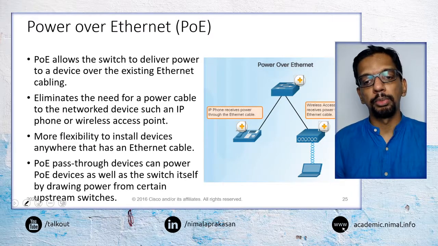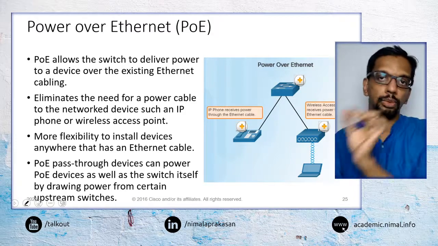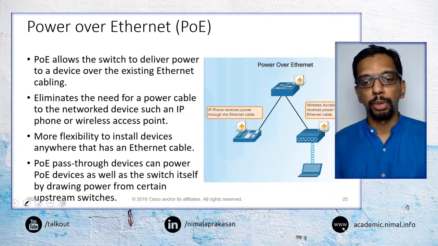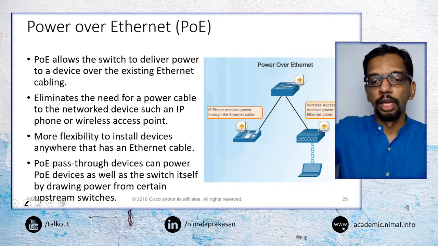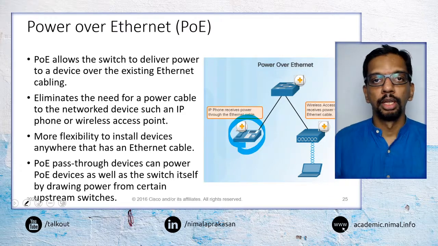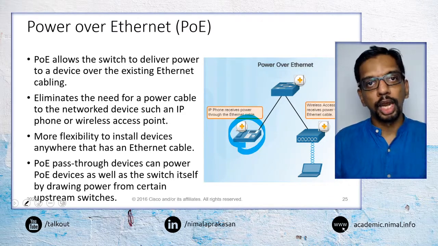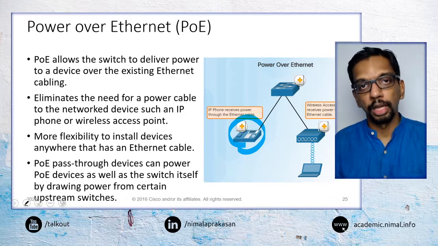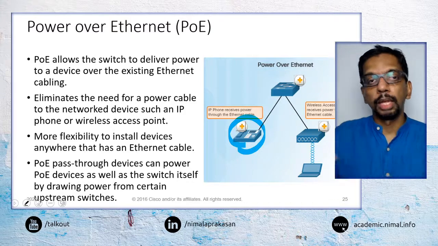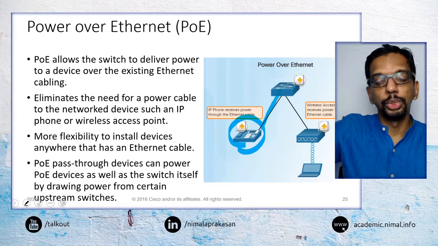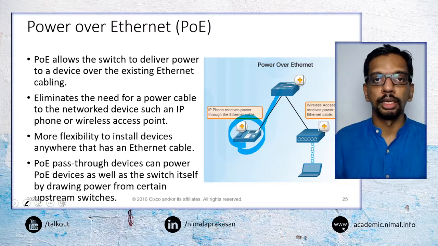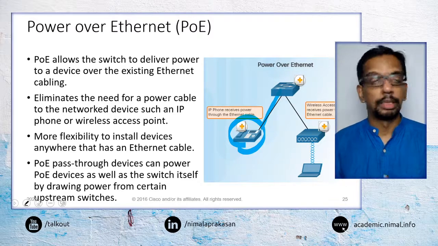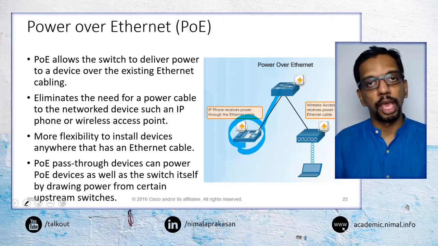So the power can be provided from the switch to the device for the device to be powered on. For example, if we have an IP phone, either we need to connect that IP phone to a power plug somewhere, or that power can be provided by the switch itself, so we don't need additional cabling there. Similarly, say if there's a CCTV camera, same thing.